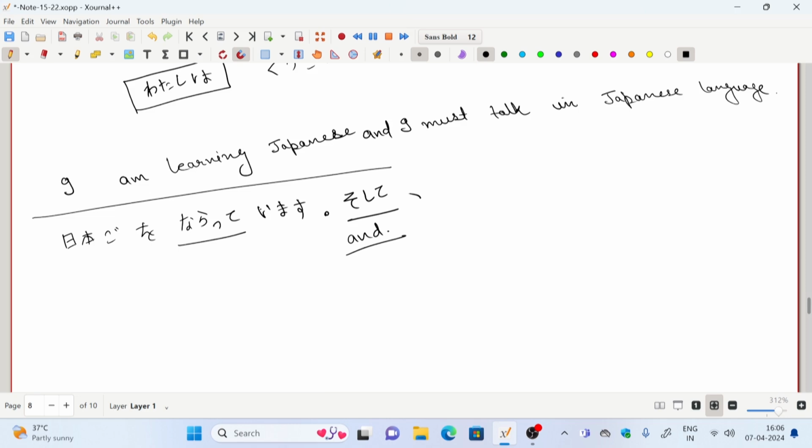So our first sentence finishes here. Nihongo o naratte imasu. Soshite, Nihongo de hanasanakereba narimasen.